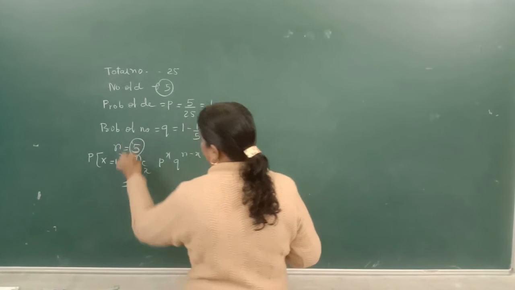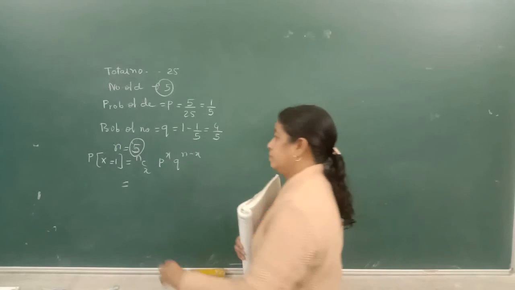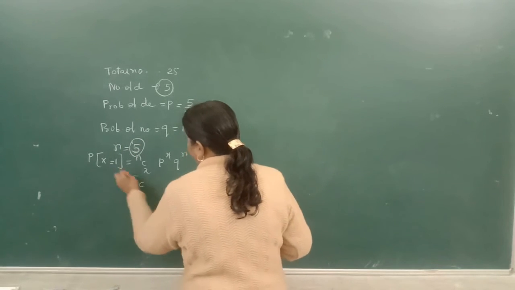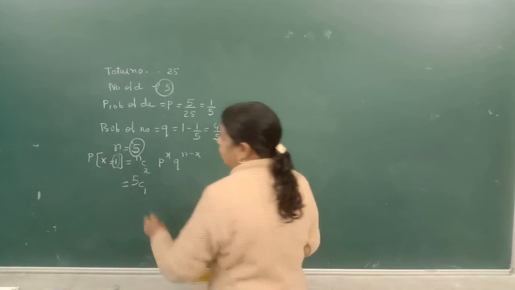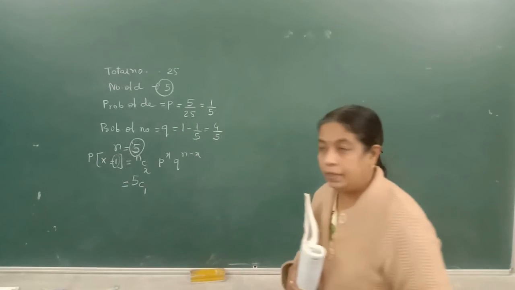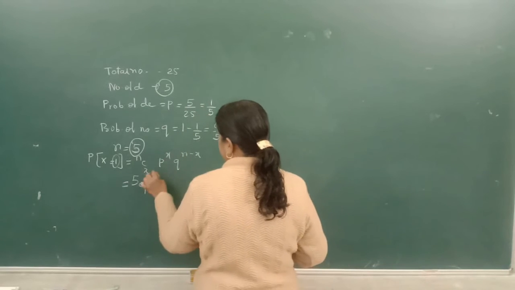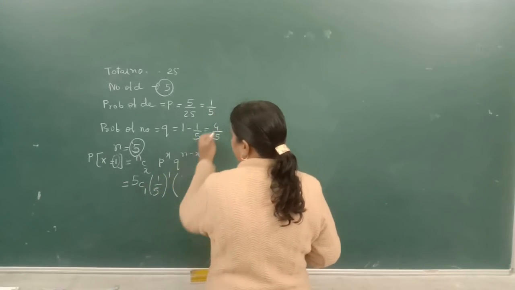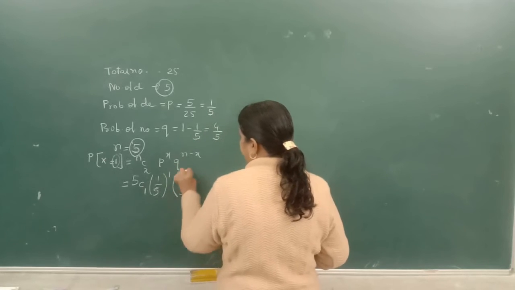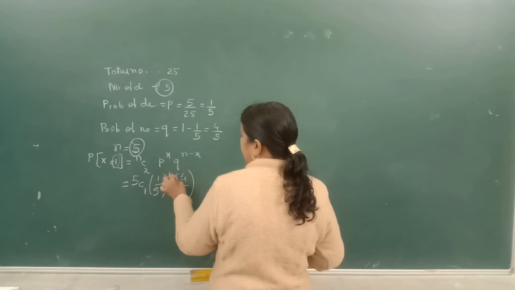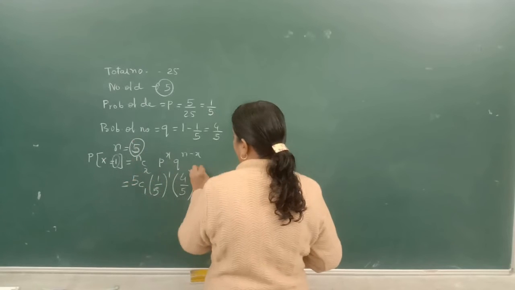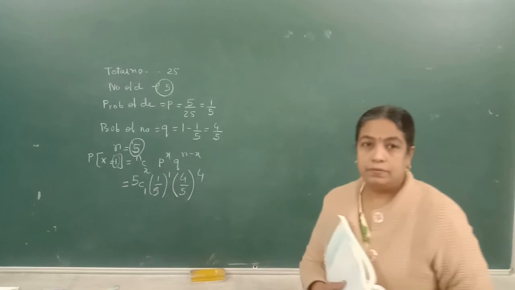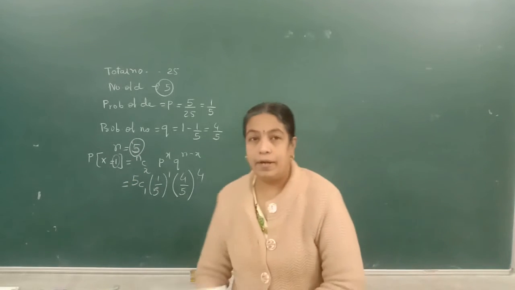How many bulbs are we taking? 5. Out of them, only one bulb should be defective, we have to find that probability. P is 1 by 5 to the power x, means 1. Q is 4 by 5 to the power n minus x. How much is n? 5. 5 minus 1 that is 4. You can easily find out the value and get the answer.